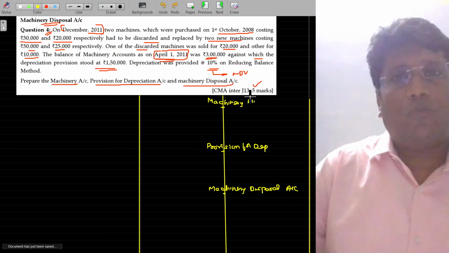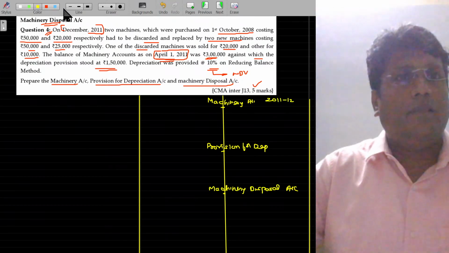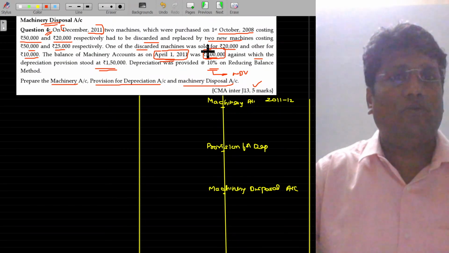Now I am going to prepare for only 1 year, 2011-12. Initially we have 3 lakhs rupees as assets value, provision for depreciation being 1 lakh 50.